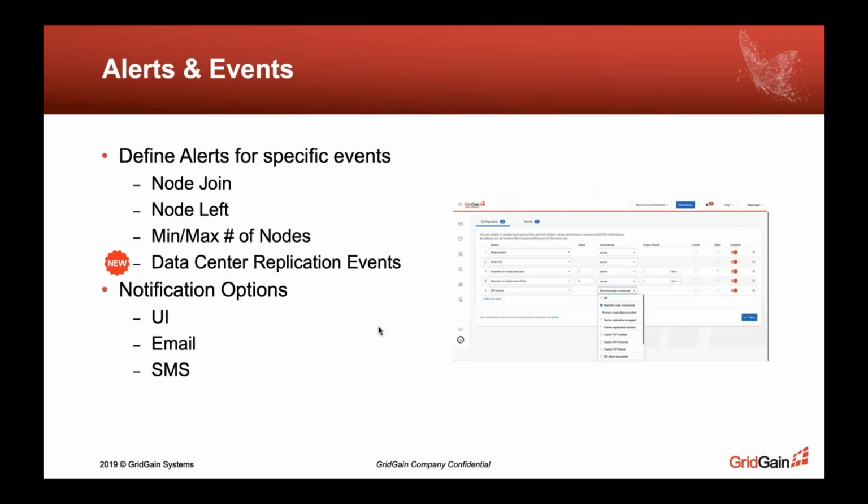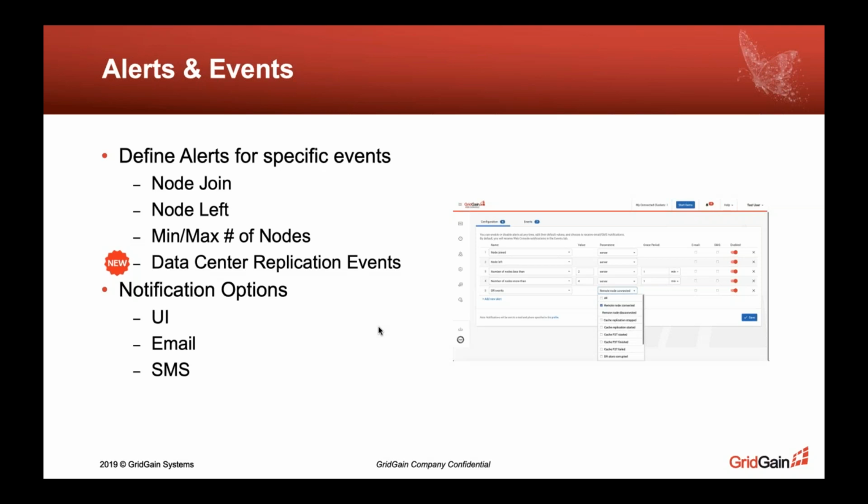Alerting. That's something we've expanded upon in this release. If you're tracking metrics and viewing them, you may want to set some alerts and triggers based around some metrics that we are observing in the system. Traditionally, we have been able to define alerts around node discovery events.